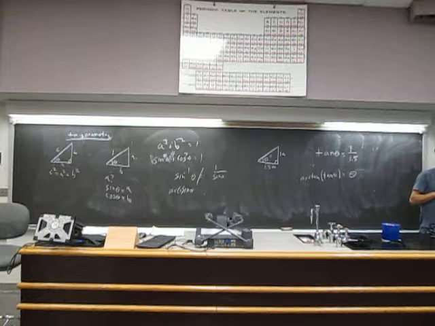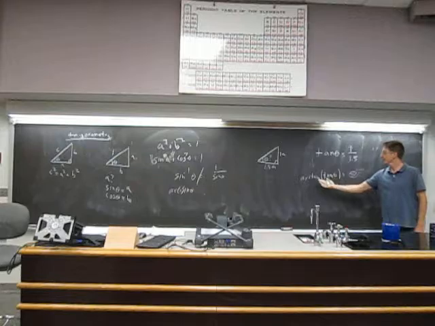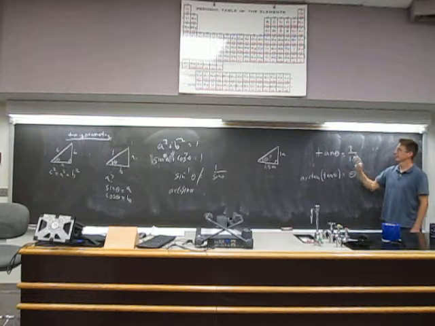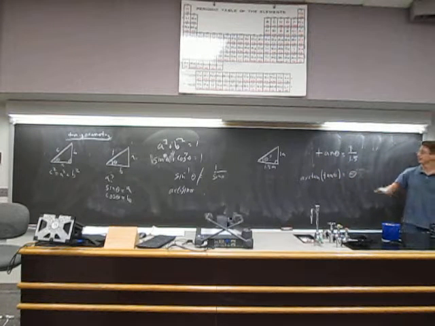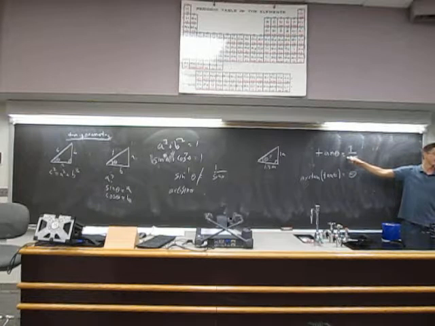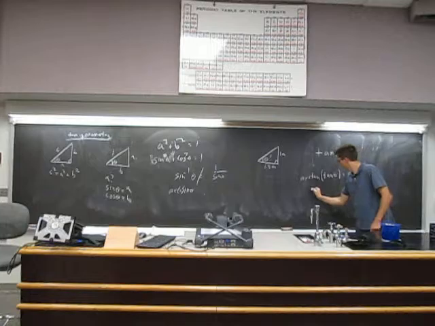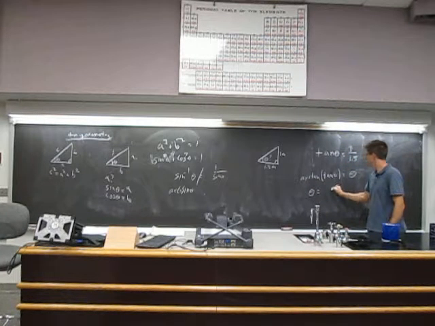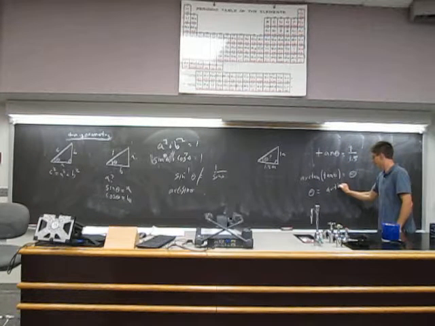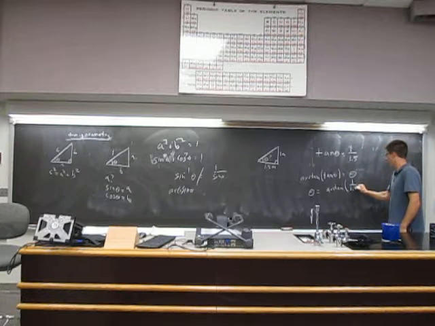Okay? So if I take the arctangent or inverse tangent of both sides of this, I'll be left with theta on this side and arctangent of this on the other side. So I get theta is going to be equal to arctangent of 1 over 1.5.